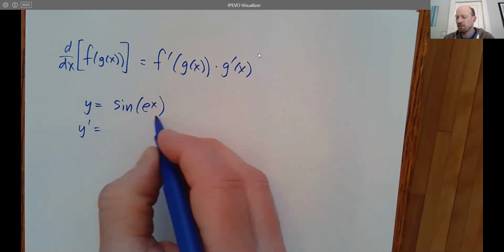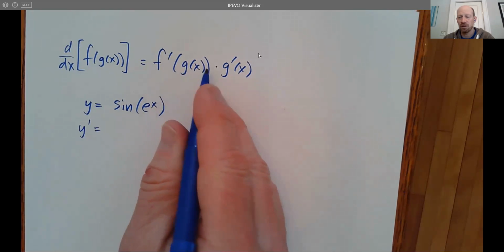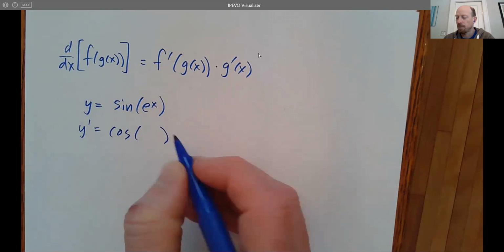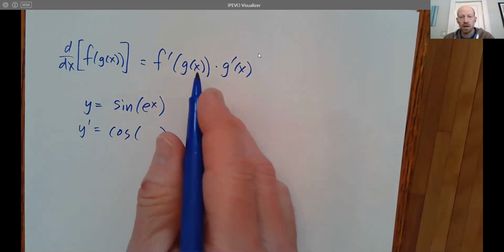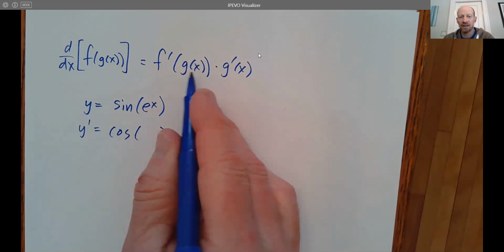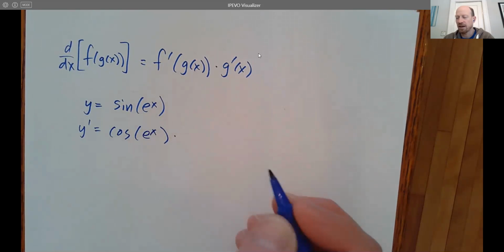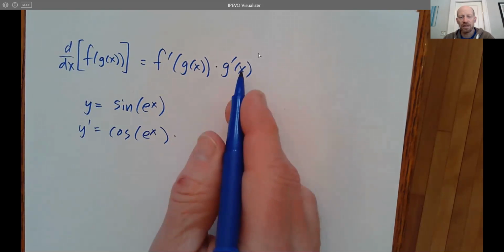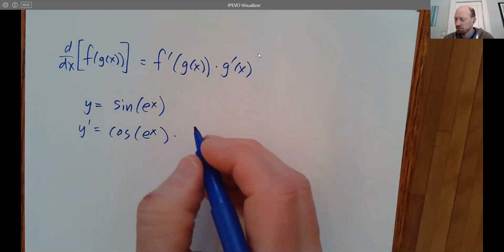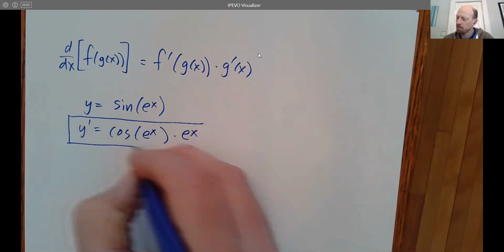I should take the derivative of the outside, the sine function. That's what this f prime is. The derivative of sine is cosine. And then instead of having cosine of x, this says I'm replacing x with whatever that inside function is, e to the x. And then the rule says I multiply by the derivative of that inside function. The derivative of e to the x is e to the x.